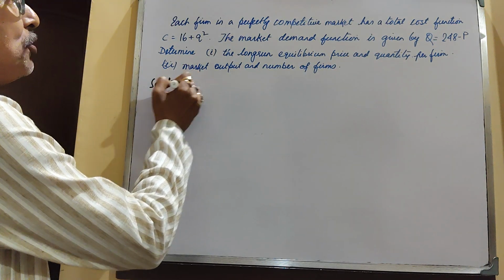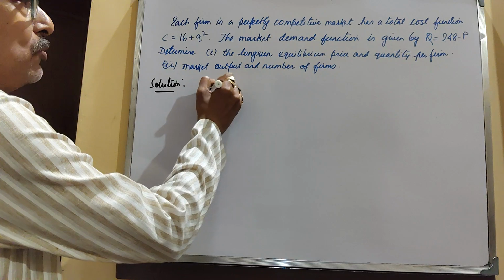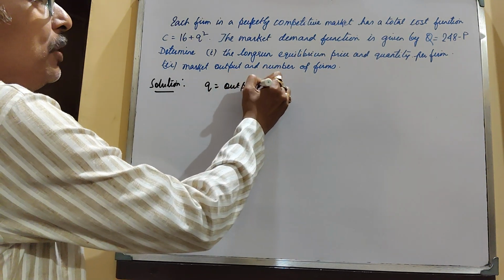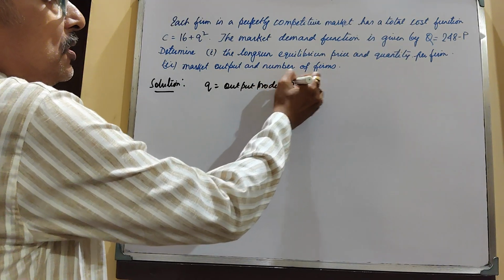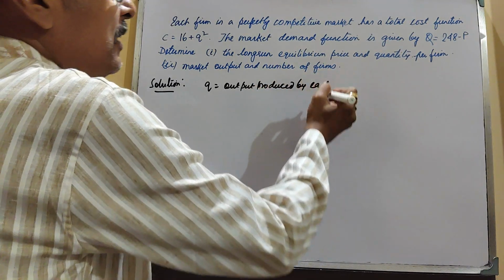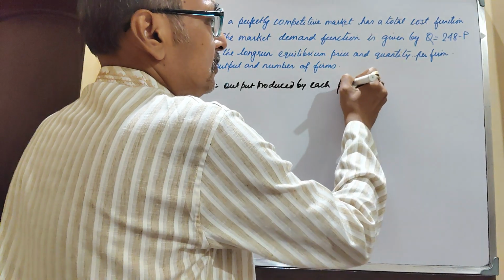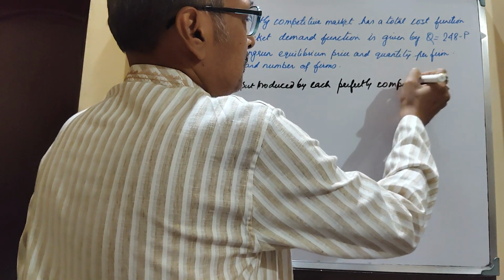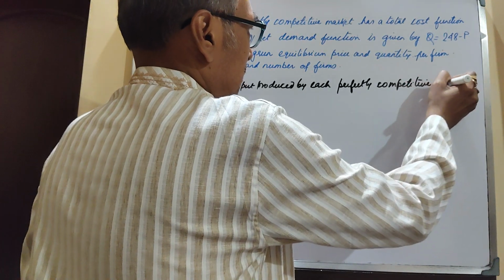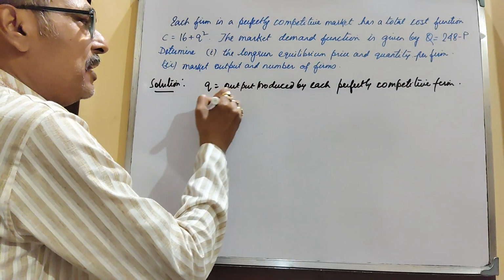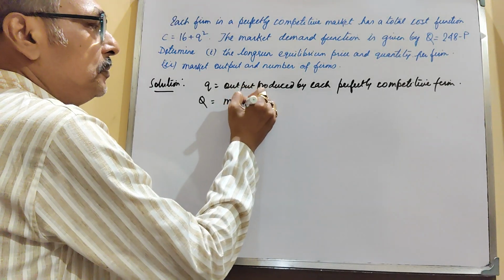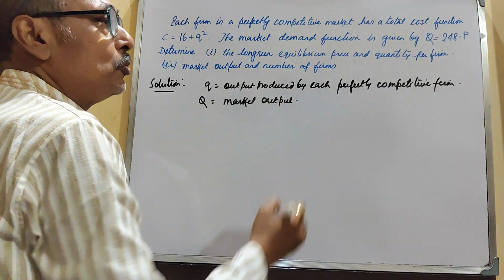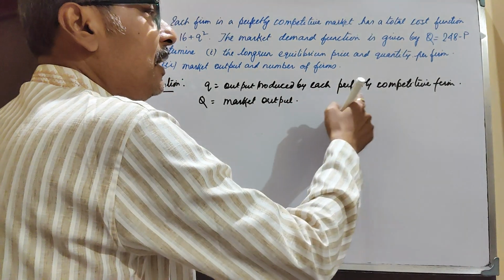We first distinguish between small q and capital Q. Small q is the output produced by each perfectly competitive firm, and capital Q is the market output in a perfectly competitive market.